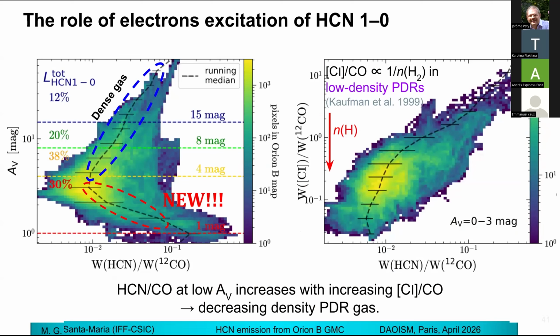And actually, if we compare the HCN to CO ratio with the carbon to CO ratio, that is inversely proportional to the dense gas in low density PDRs, so the density increases this way, what we see is that the ratio at low AV, so this only contains points that come from here, between 0 and 3 magnitudes, increases as the density decreases in a PDR gas.